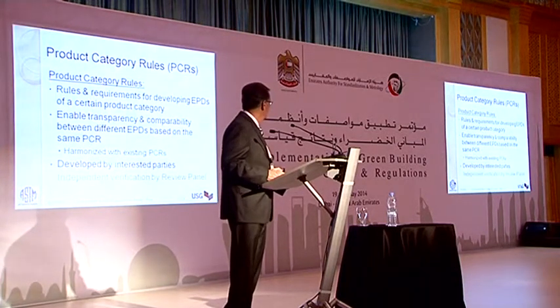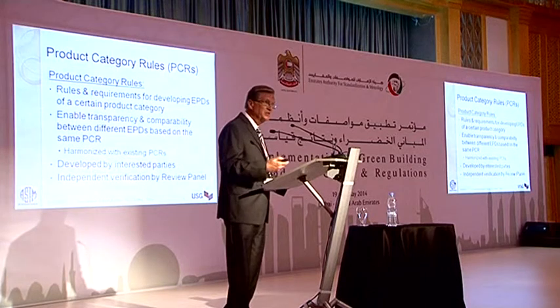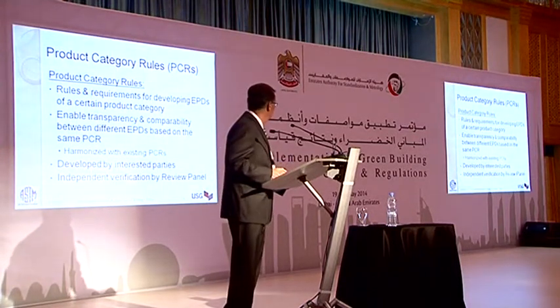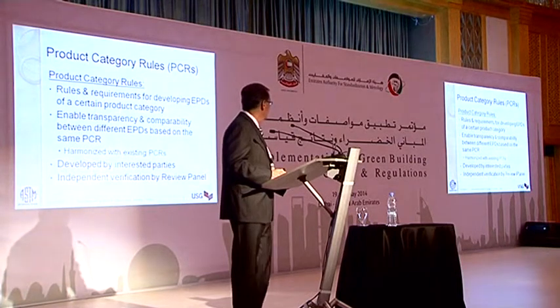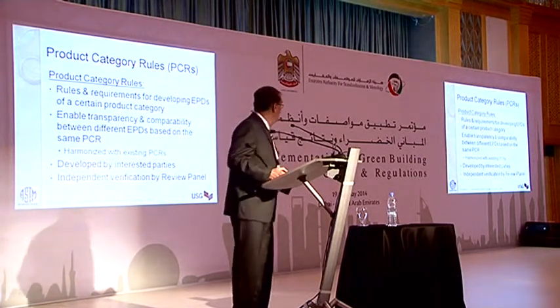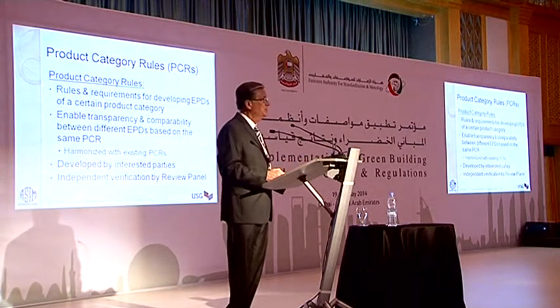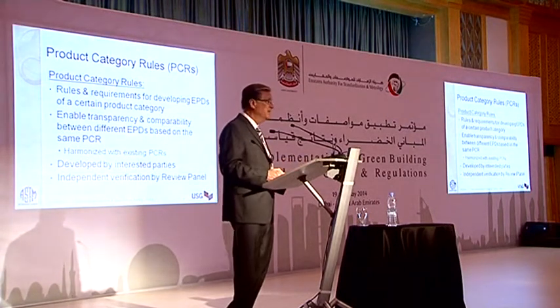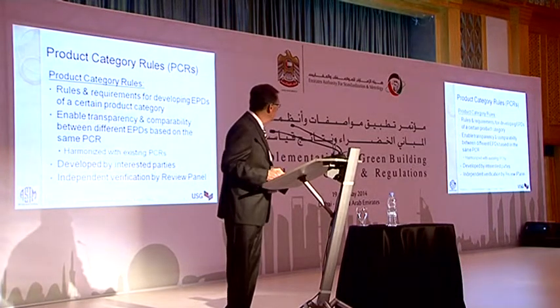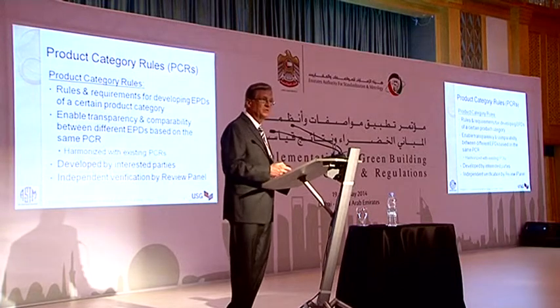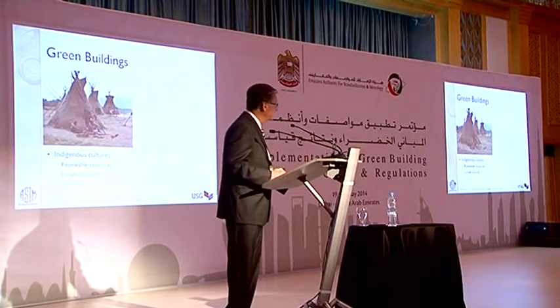And these are developed by interested parties such as manufacturing associations or standards development organizations, and it requires independent verification of review panels because, once again, these are issues that deal very directly with competitiveness for the interested parties, and also with the ability of getting complete disclosure for the users of these particular products themselves.